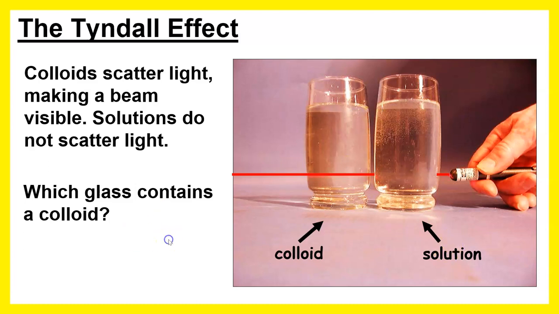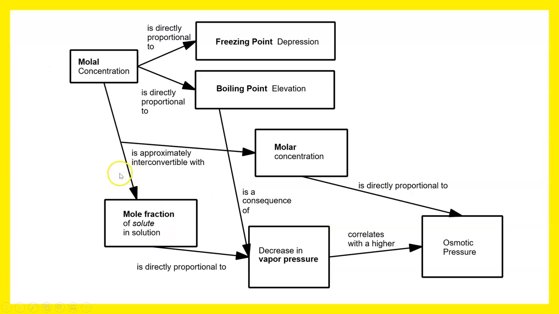So I found this diagram where it shows you that for these two things, you have to use the molality. But for vapor pressure, you would use mole fraction. For osmotic pressure, you would use molarity. This is kind of showing you a little roadmap of how you can get to things. You could go from molality to mole fractions. You could convert from molality to molarity. So maybe this will be helpful to you.